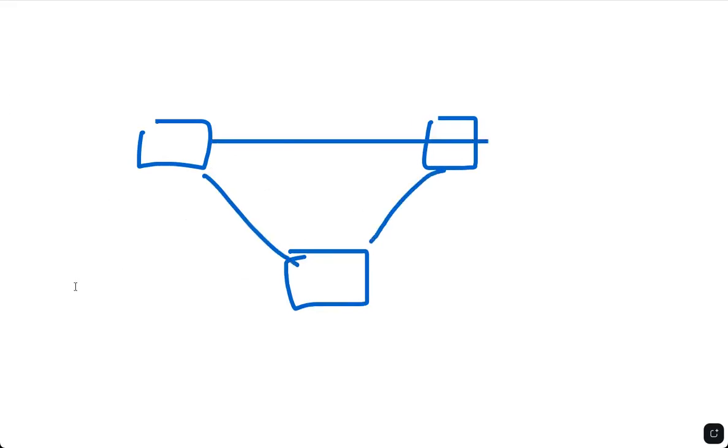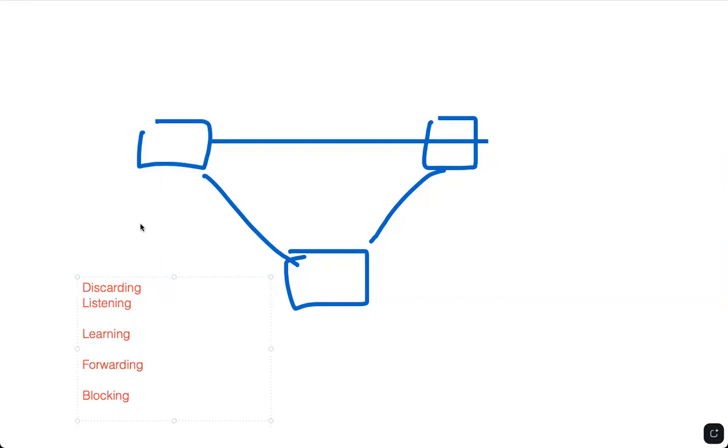We talked about 5 states: discarding, listening, learning, forwarding, blocking. There are 5 states in the spanning tree, right?